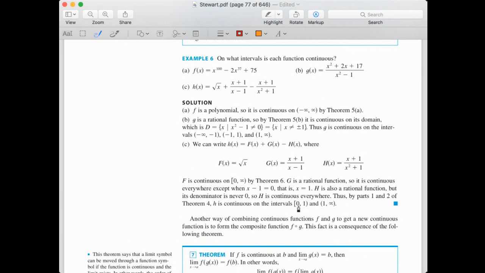This is interval notation, right? So that's for C. C has 3 pieces, so we have to analyze each piece, then find the intersection of the domains, which becomes the domain of the function h.